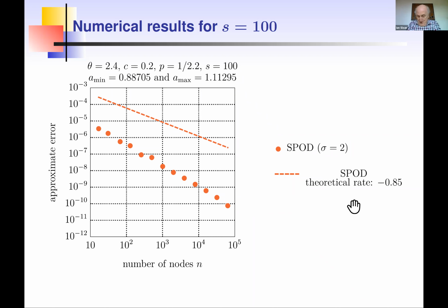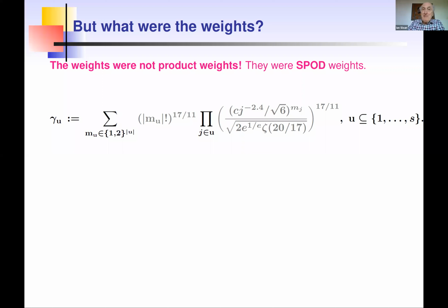The last point, I want to come to this really crucial point, however, that the weights, this was a very costly calculation because the weights were not product weights. You remember, we find the weights by minimizing this upper bound on the worst case error, and on the norm in the end.